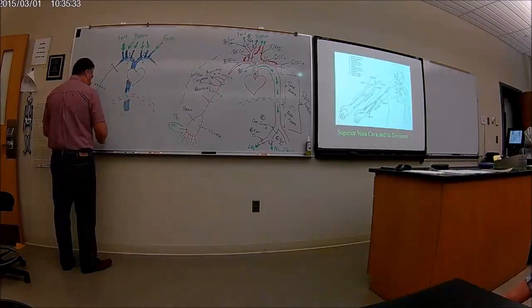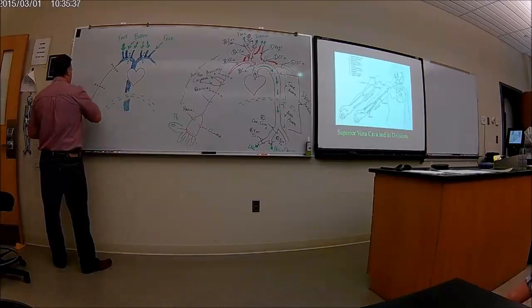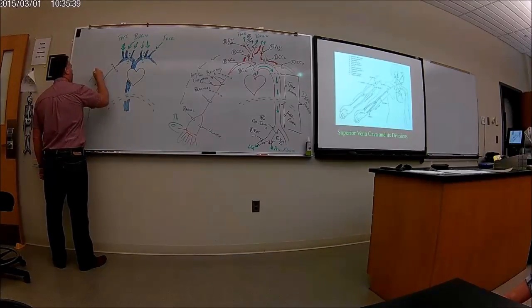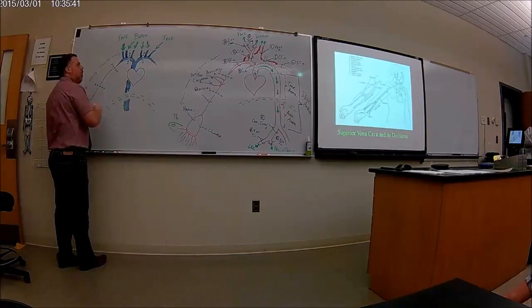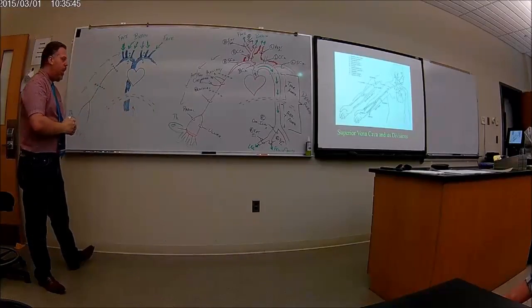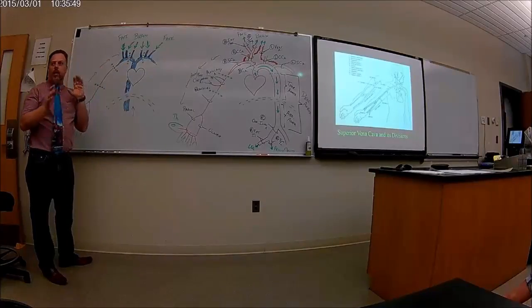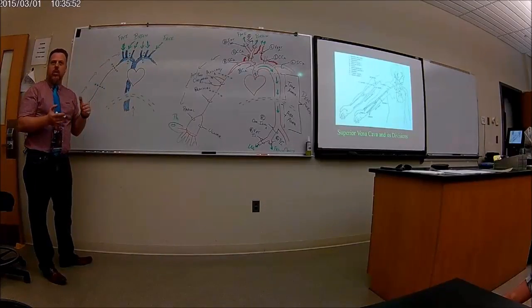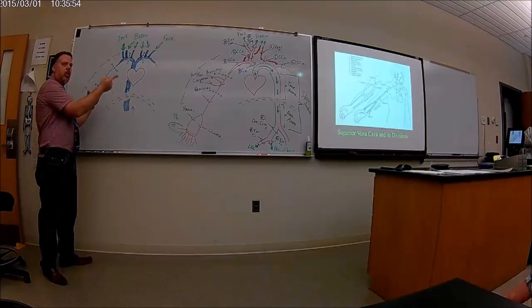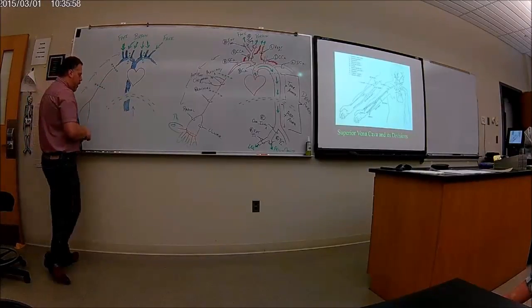Blood flow is going this way in veins. Does that make sense? But I'm going to label it for veins this way, so don't get mixed up. It's just easier because you're familiar with that. I just want to label it the same way, but they are going the opposite ways.